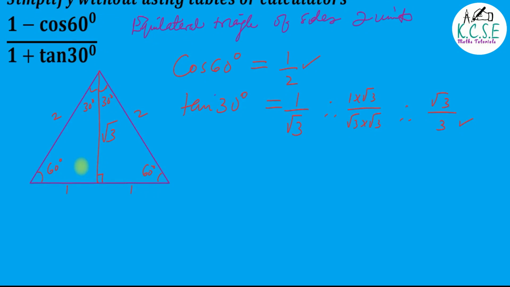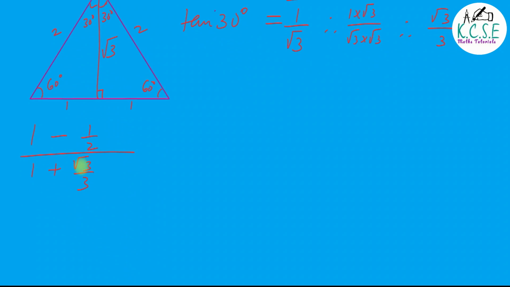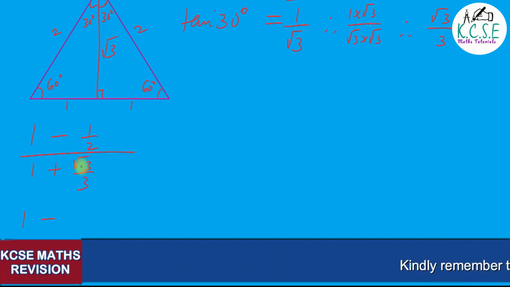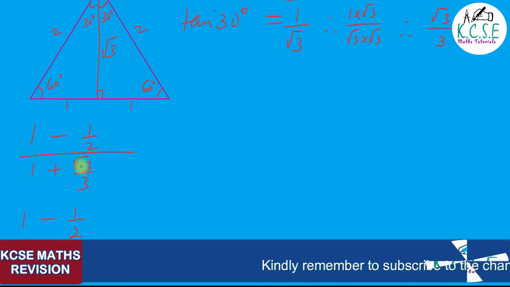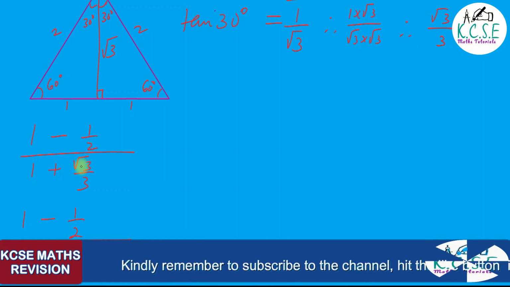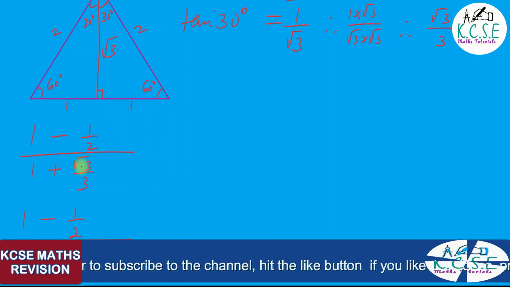Now we can proceed and insert these in our question, where we have 1 minus cosine of 60, which is a half, divided by 1 plus tan of 30, which is root 3 over 3. Now to simplify this, we're going to rationalize the denominator by multiplying both the numerator and the denominator by the conjugate of the denominator.